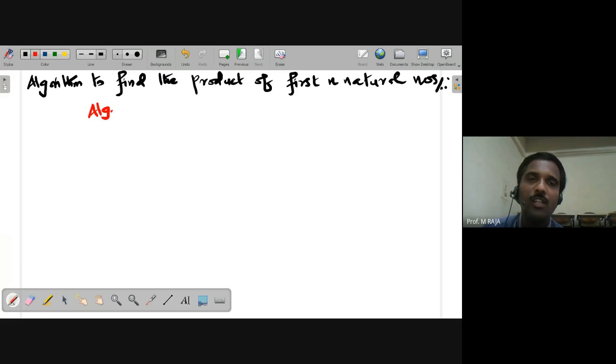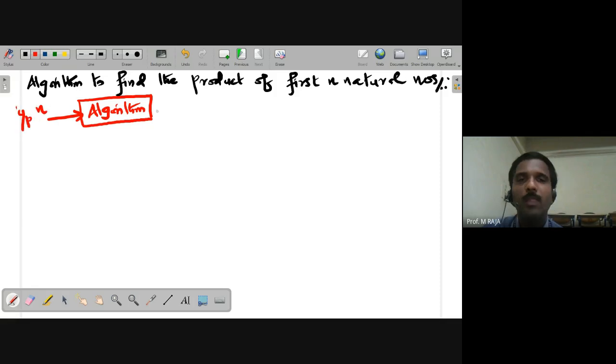assuming that this is the algorithm. What is an algorithm? An algorithm is an input-output transformation. We are providing the value of n as a natural number. What is the expected output? 1 into 2 into 3 into etc. into n. This is expected.